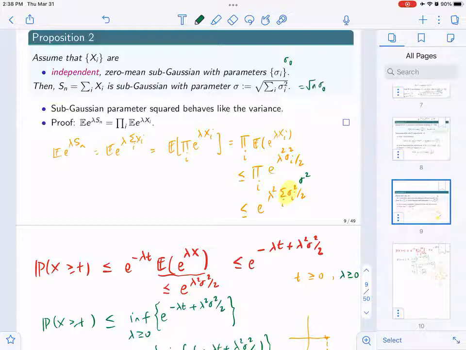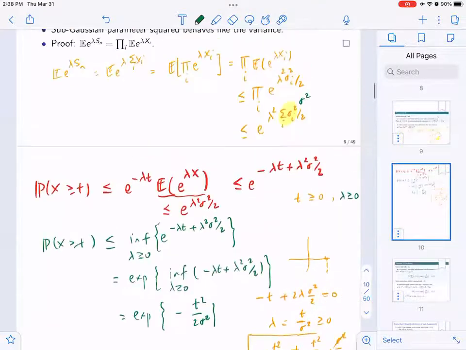So the subgaussian parameter scales like root n, which is a form of concentration, as you'll see, instead of scaling like n times sigma squared, you're adding n things. The subgaussian parameter just scales as the root of the number. It's just like how the variance behaves. If you add a bunch of independent random variables, the variance scales like n times the variance of each one. The standard deviation scales like root n. That's what causes the concentration.